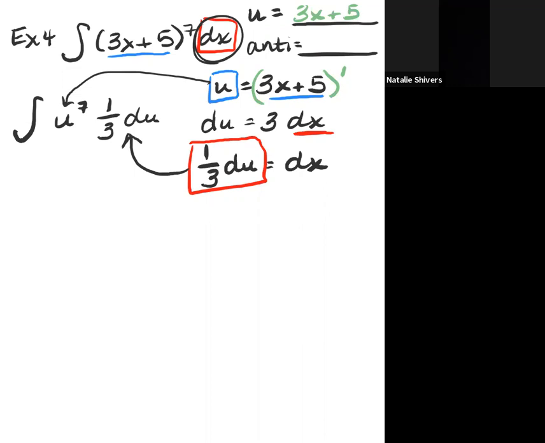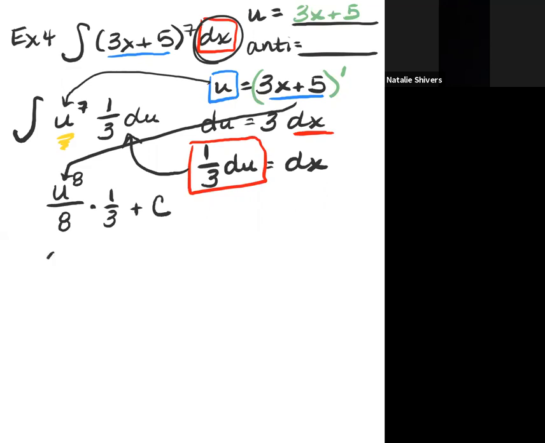The reason why we do this is because it is really easy to take the antiderivative of u to the 7th. So we get u^8 over 8 times 1/3 plus c. The last step, besides simplifying the 8 and the 3, is to substitute 3x+5 back in for u.